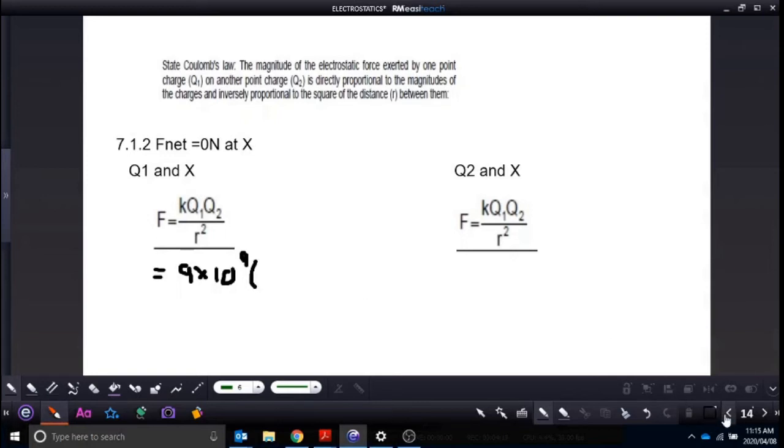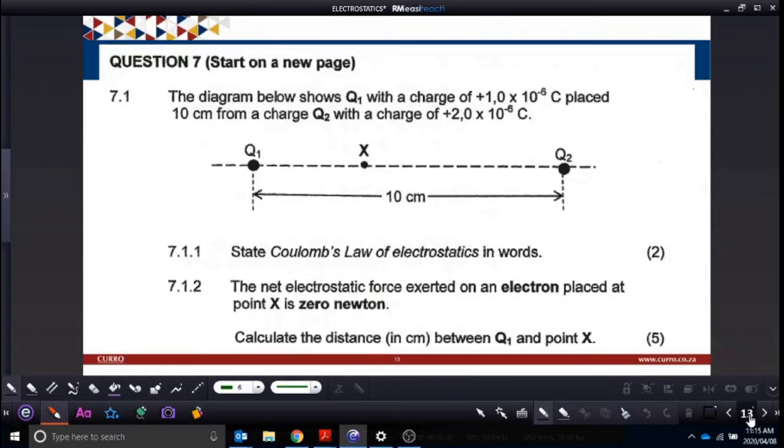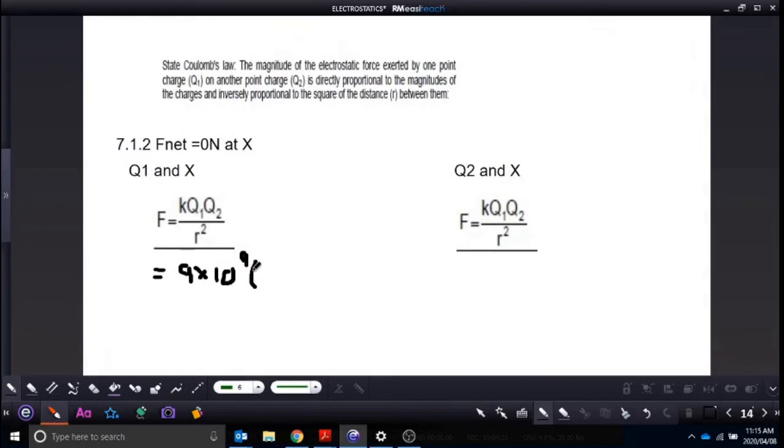Okay, and then Q1 is 1 times 10 to the power minus 6.